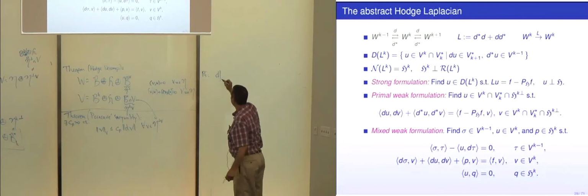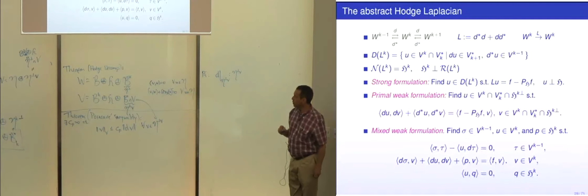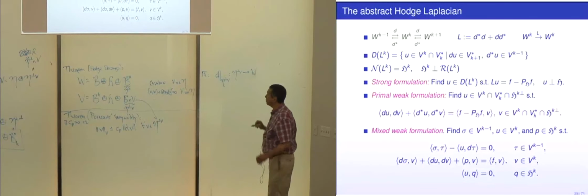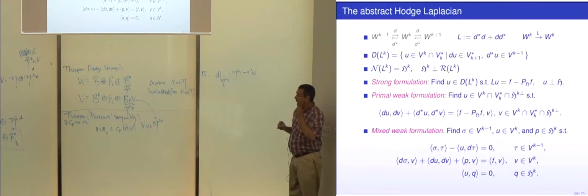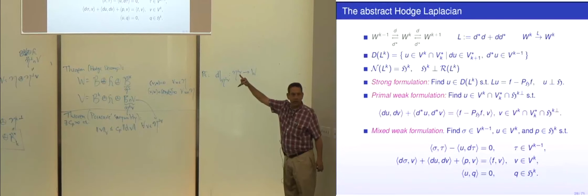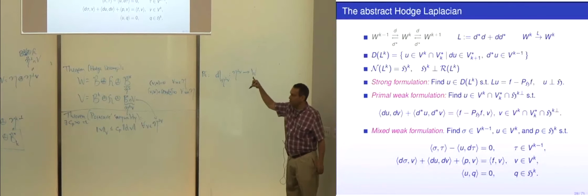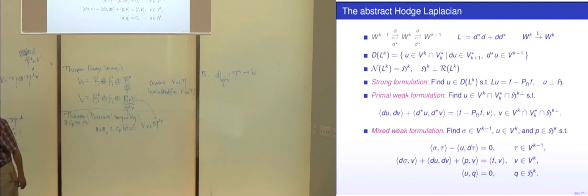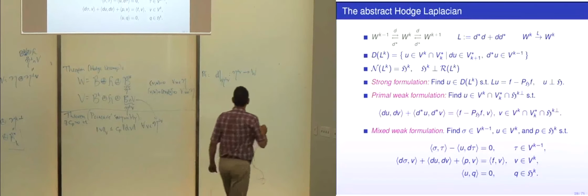You take D and you restrict it to the orthogonal complement of Z inside V. So it maps this Hilbert space to the next W. And it's 1-to-1 because I modded out the null space. And it has a closed range because we assume that D is a closed Hilbert complex. So this is 1-to-1 closed range.